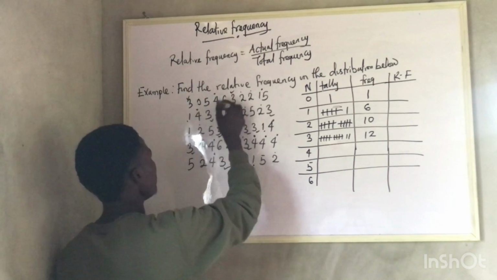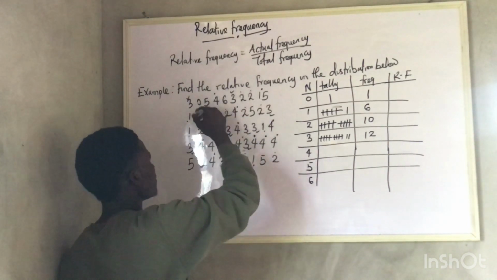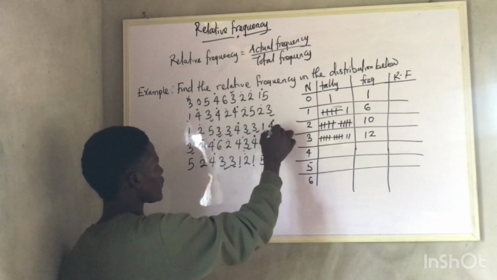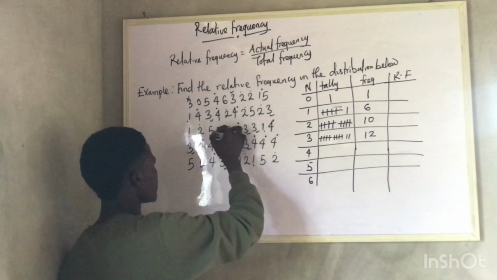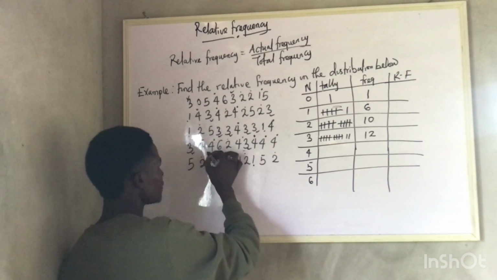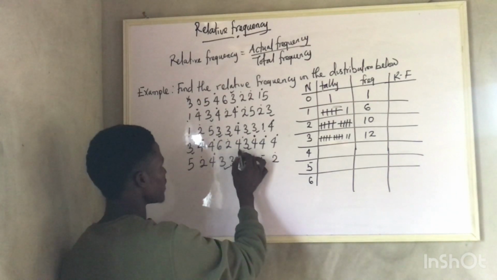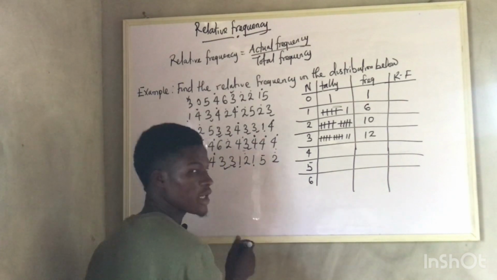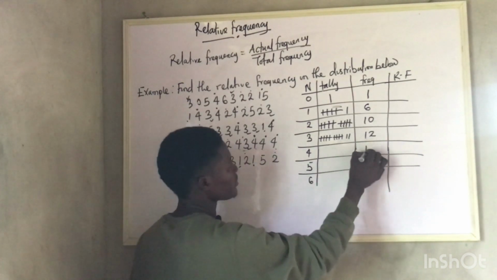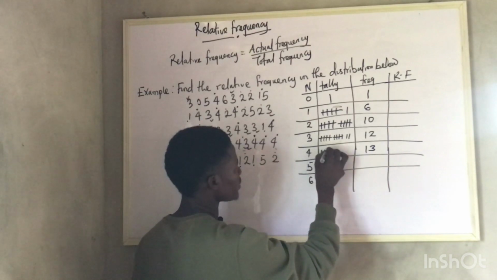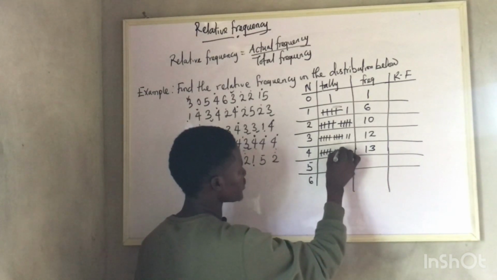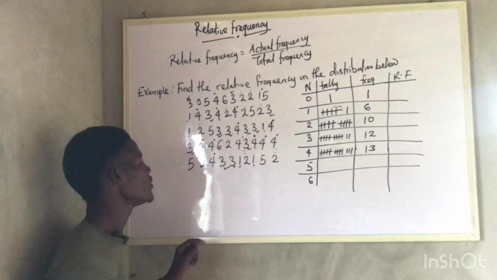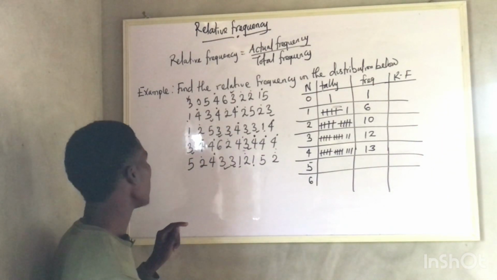Let me check that again. 1, 2, 3, 4, 5, 6, 7, 8, 9, 10, 11, 12, 13. So that's 13. We are still going to cross check everything later.